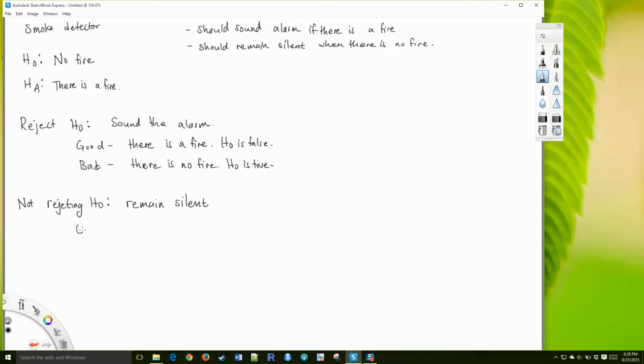Okay, not rejecting the null, remaining quiet, this is good if there is no fire. And this is bad if there is a fire.